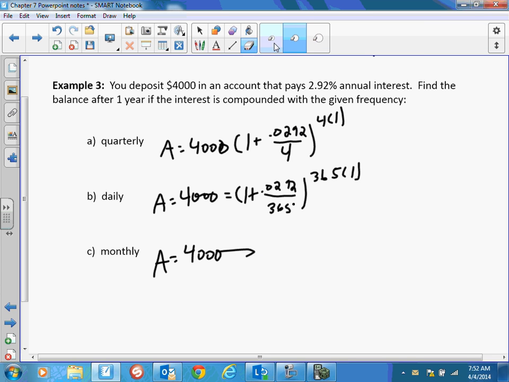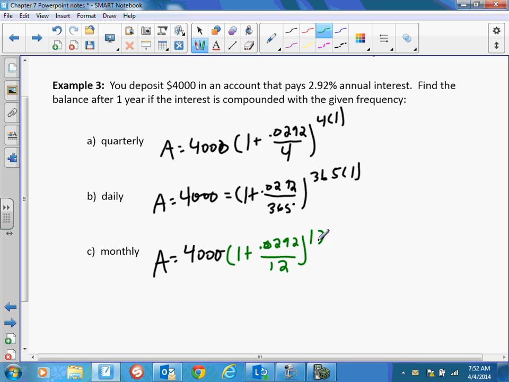So we've got 1 plus 0.0292 divided by 12 to the power of 12 times 1. Each time, the only thing that changes is the number of times compounded. All of these you could just plug straight into your calculator and you will get the right answer.